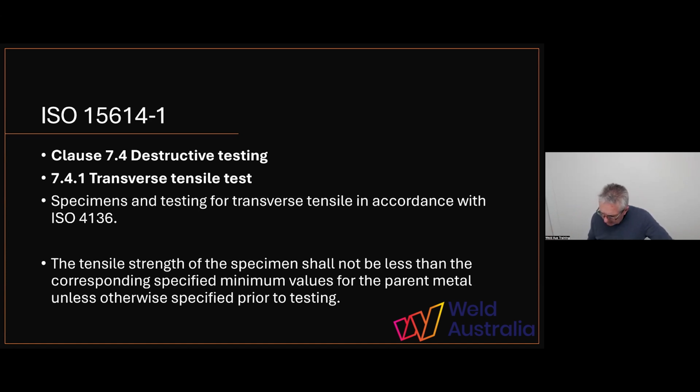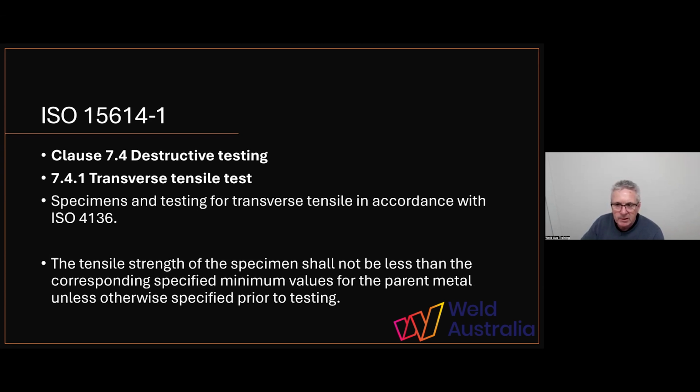One thing it doesn't say in here that we noticed in 9606, particularly in the bend tests, so it says there, I'll read that tensile one. Tensile strength of the specimen shall not be less than the corresponding specified minimum values for the parent material unless otherwise specified prior to testing. So it's got to fall within the ranges of the material.